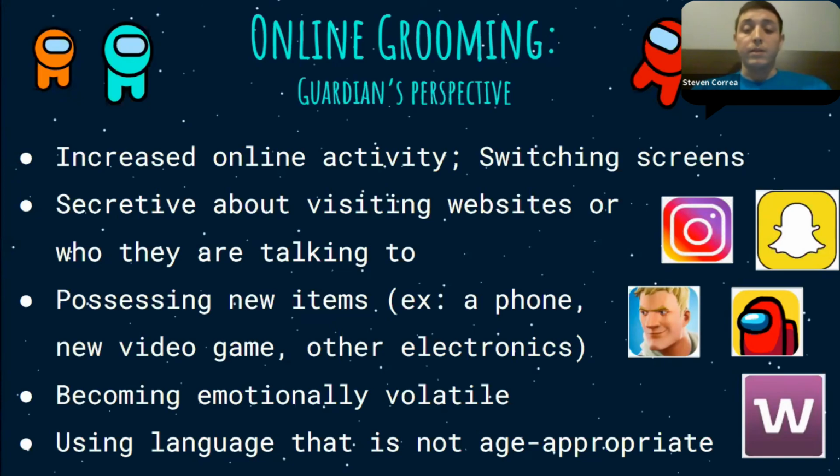Next, let's talk about possessing new items. This is a very important one, since as a guardian, maybe you should be aware of what items your child has or where they have acquired certain items from that you haven't bought for them. So maybe, like an example, they show up with a new iPhone or new headphones or any tangible item that you haven't gotten them or you don't know who has, then that's a red flag.